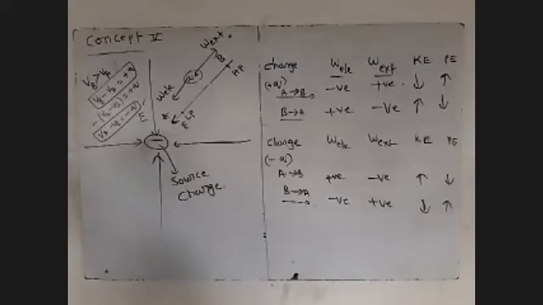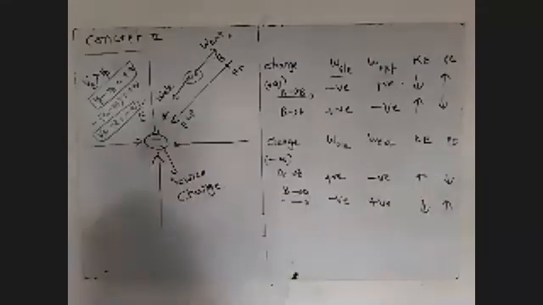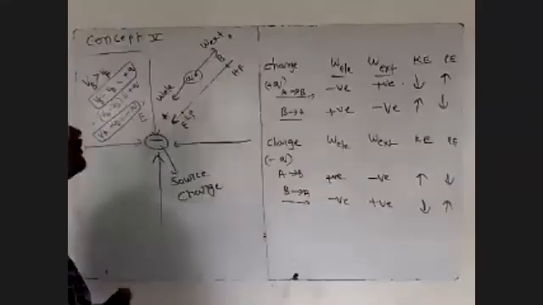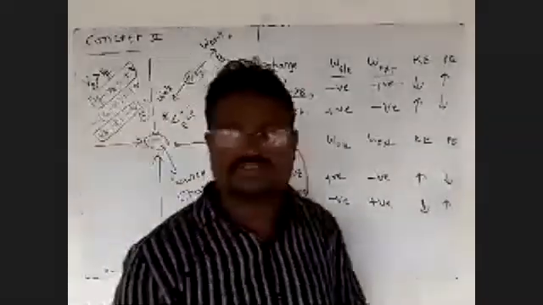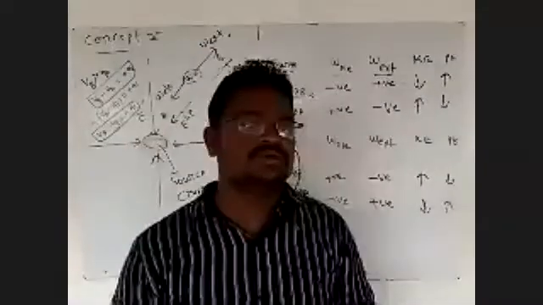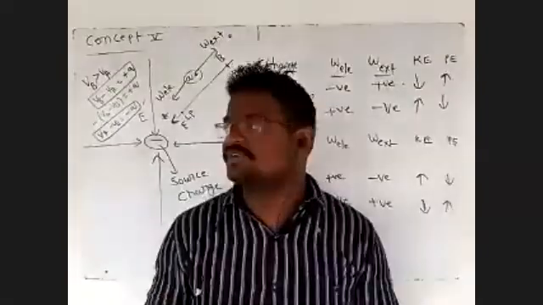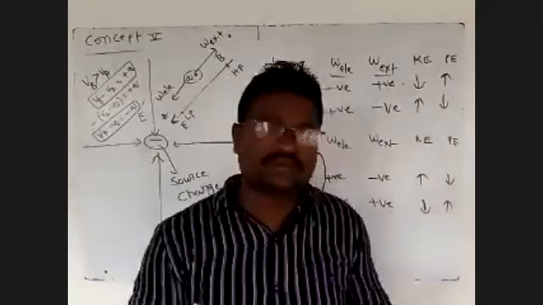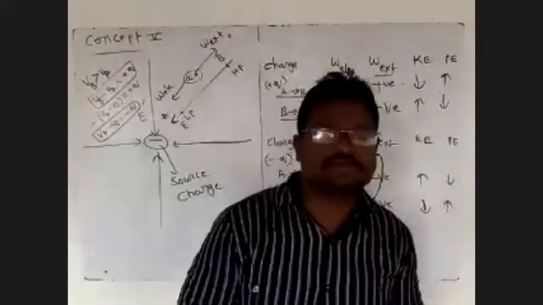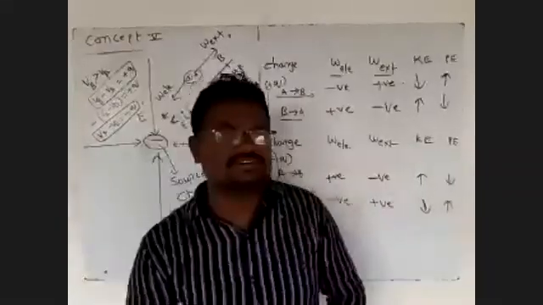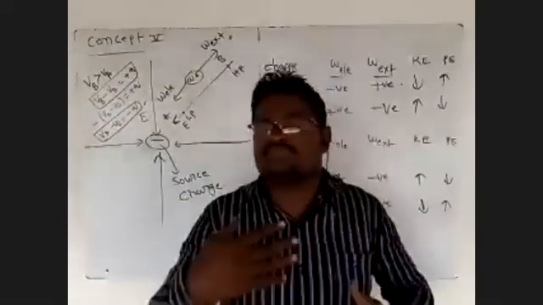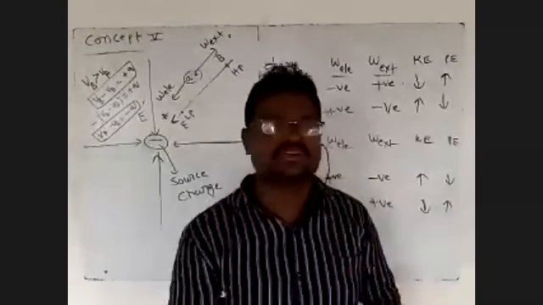So this is concept number 5. In this class, I will recall the concepts once again. We are in the electric potential chapter. First of all, what is electric potential, and why do we study it?